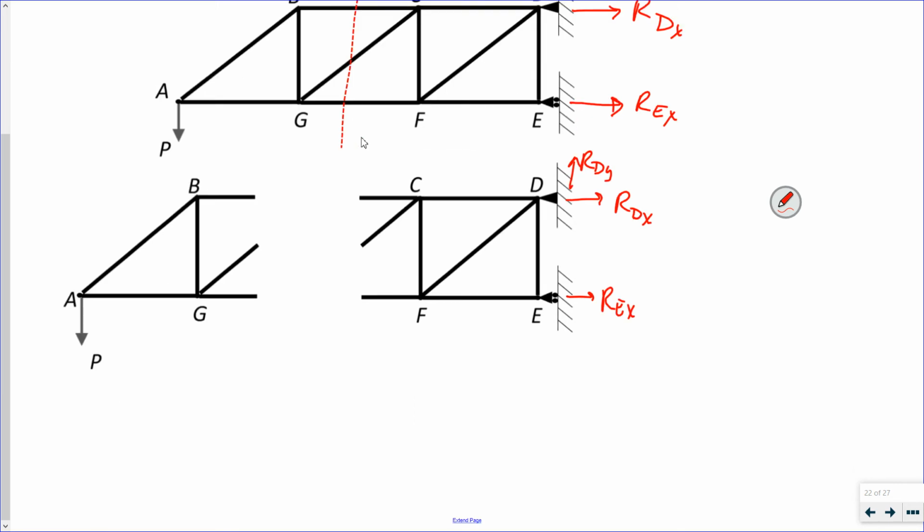But I have to assume the forces in my members. So my force in member BC, assuming it's in tension. My force in member GC, or CG, right, equal and opposite, because of where I cut it. And my force in member FG.